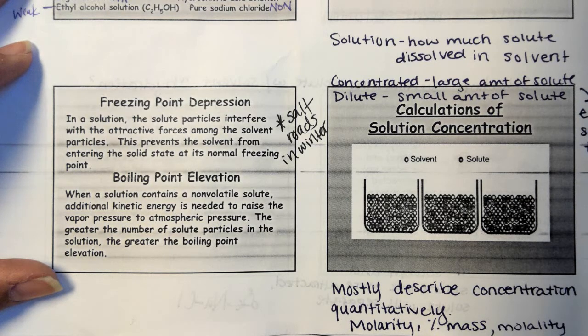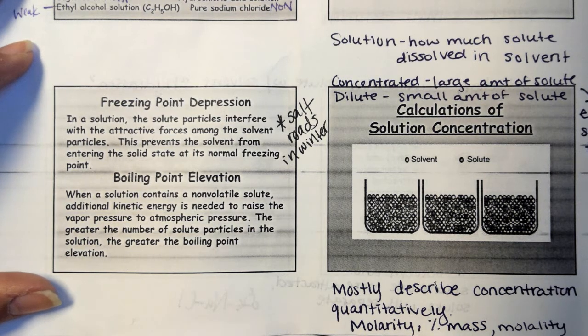Because the water now has solutes, these solutes prevent the water from freezing, or coming together, as easily, so it decreases the freezing point. That way water doesn't freeze at, say, 0 degrees Celsius; it might only freeze at maybe negative 20 degrees Celsius. So it helps prevent ice from forming on the roads.